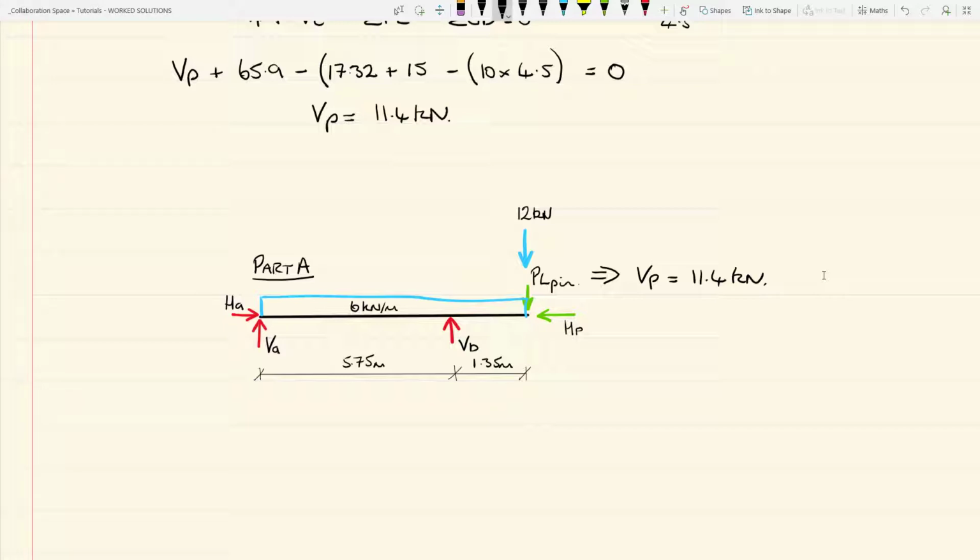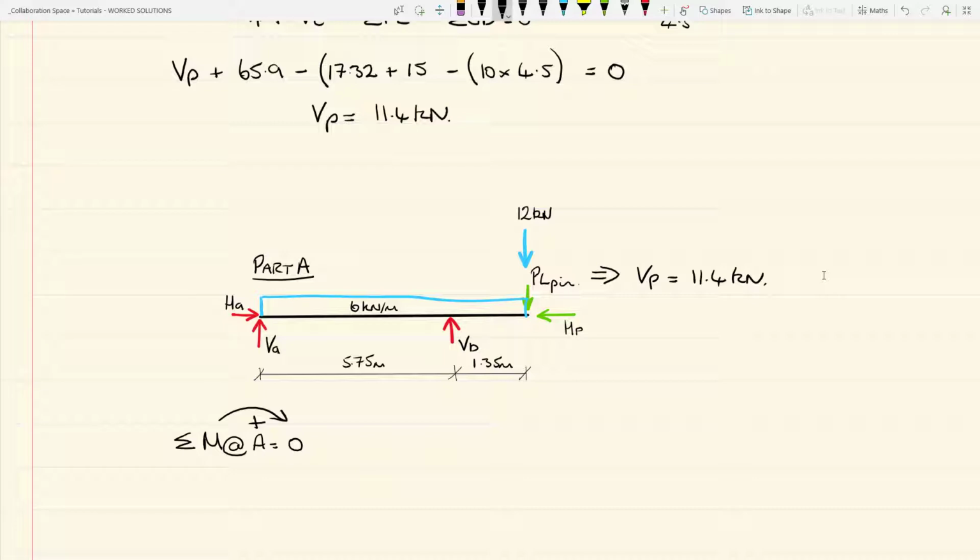As with part B, we can now go on and take moments about A to give the reaction at B, and we can say that the sum of the moments at A equal 0, and as per before, we are going to assume that clockwise is positive. So we can consider the loads in turn.